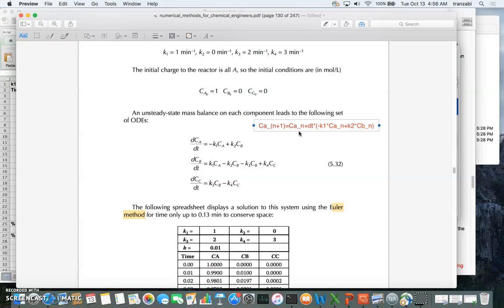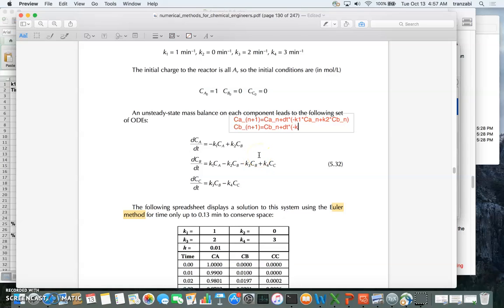We can do the same thing for the second equation and the third. So I write the second one, and then the third would be pretty much the same way. I don't think there's something special about the third. Alright, for the second one, we're going to get Cb at n plus 1 that's equal to Cb at time n plus dt times the right-hand side at time n.